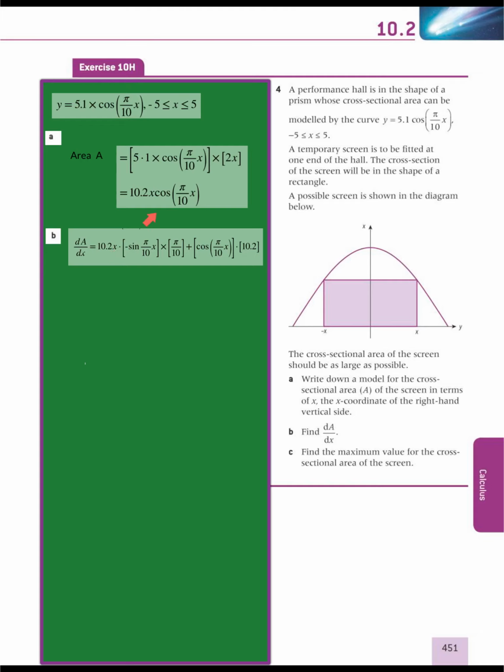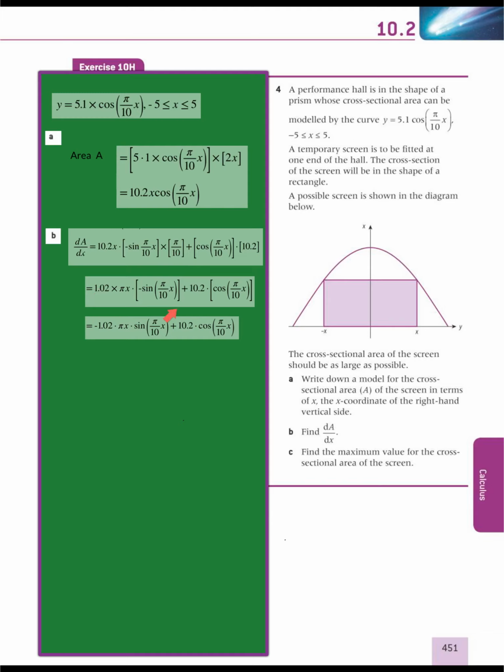The derivative of cosine is minus sine, pi on 10 times x, times the derivative of that inner function, which is pi on 10, plus the second part, cosine of pi on 10x, times the derivative of the first one, which is 10.2. Okay, that's dA/dx.